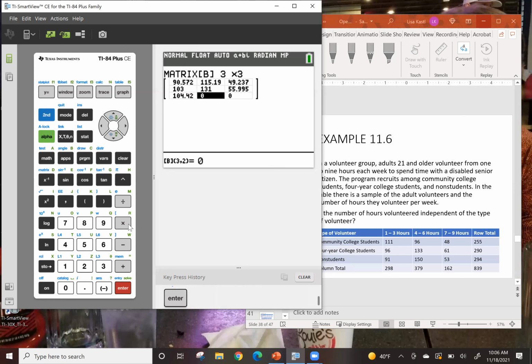And then we have row total 294 times column total, which is 379, divided by total.